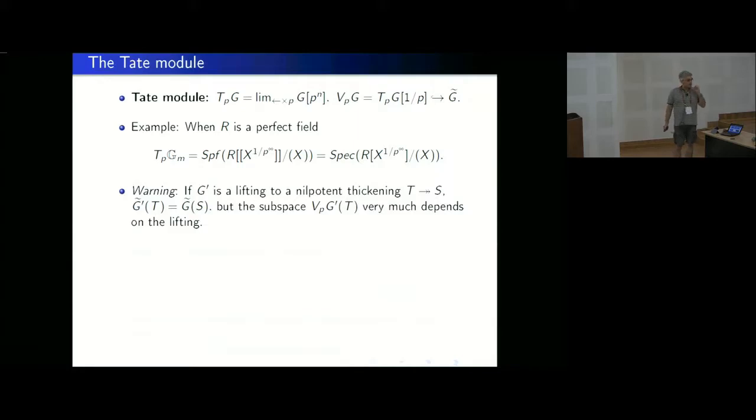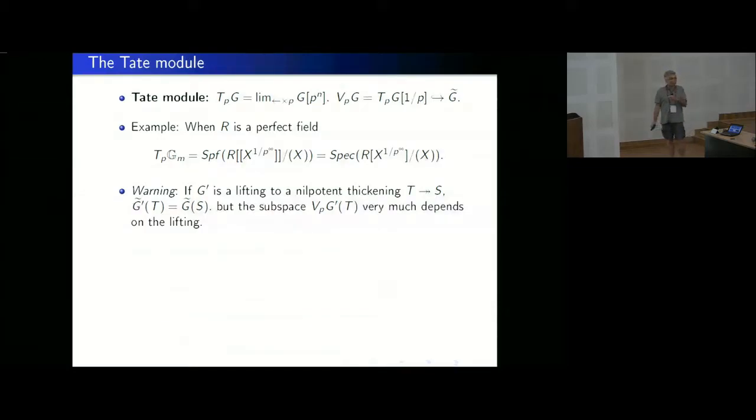But there is one important warning. That's a lesson that I want to carry with us all the time. While G tilde was really insensitive to nilpotent thickenings, in other words, if you had a nilpotent thickening, by the crystalline nature of G tilde, the value at T did not depend on how you lifted G, the subspace that we now defined, V_p G prime, very much depends on the lifting.